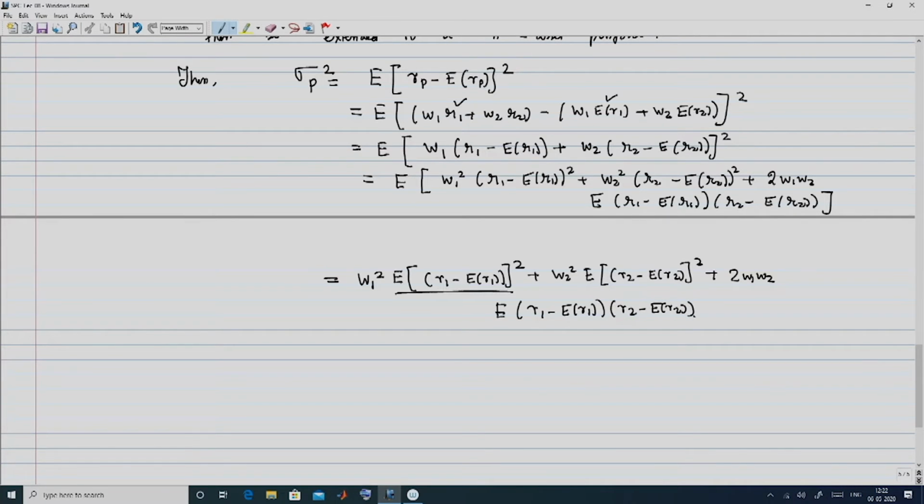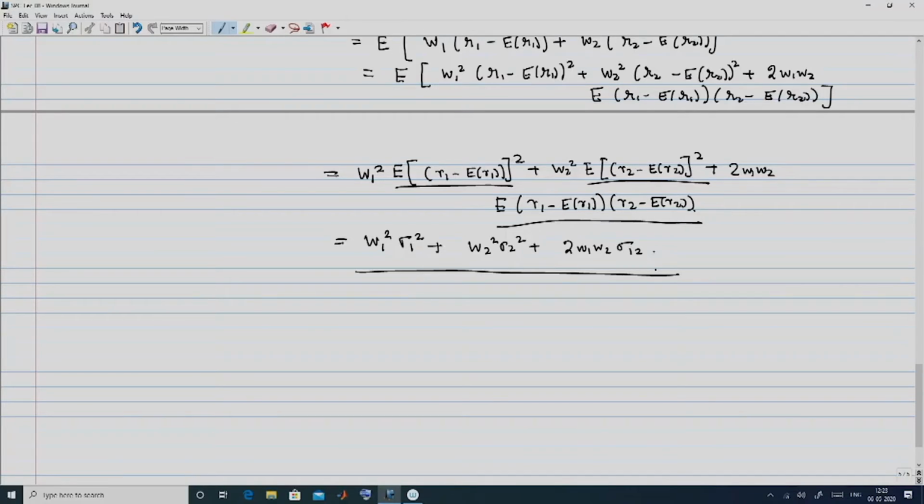Now, observe that this is sigma 1 square, this is sigma 2 square, and this is the covariance of 1 and 2. So, this becomes W1 square sigma 1 square plus the second term becomes W2 square sigma 2 square, and the third term becomes twice W1 W2 into sigma 12, which is the covariance of returns of asset 1 and 2.